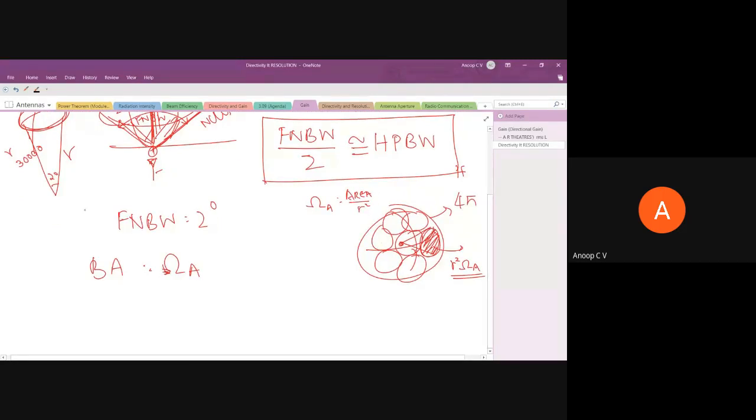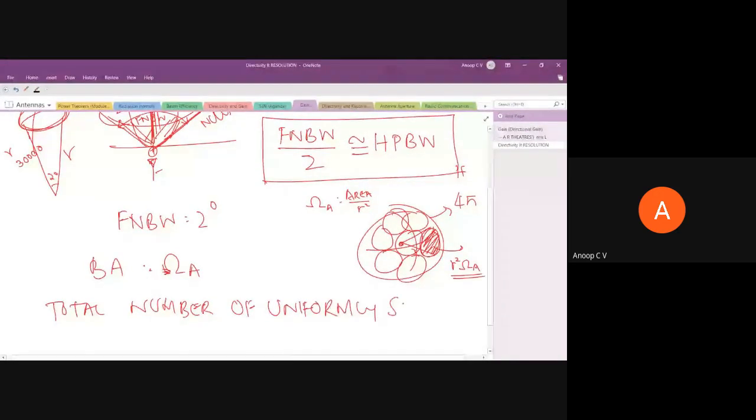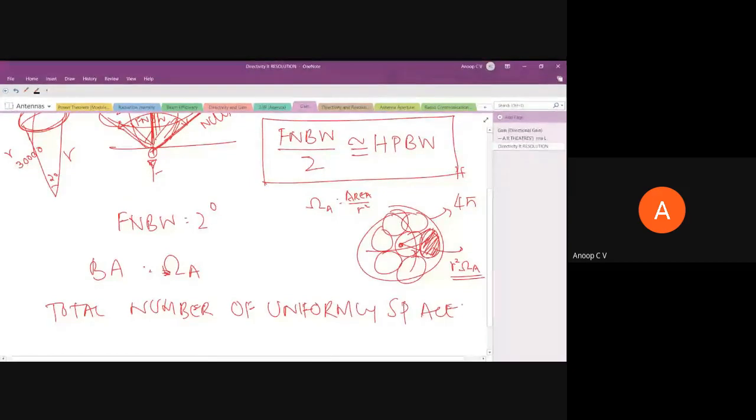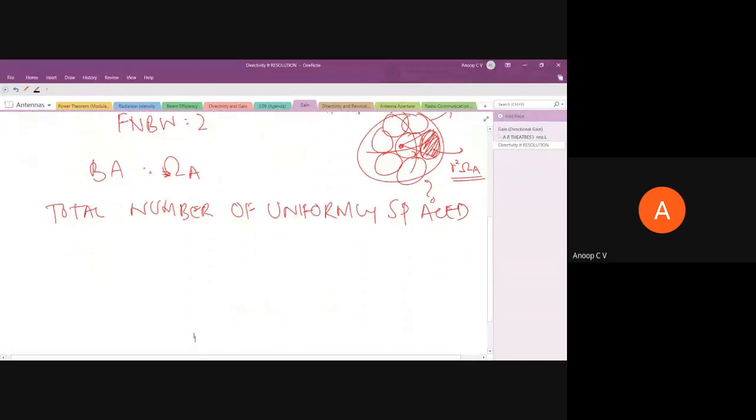So the total number of satellites an antenna can resolve, I'll write here: the total number of uniformly spaced transmitters, what is the spacing that we have to decide, right? What is the spacing that will be decided by the antenna's property?